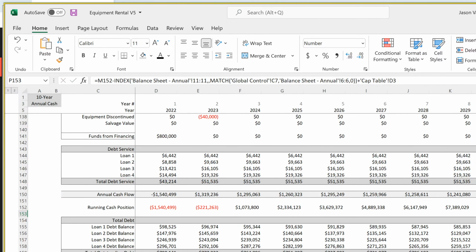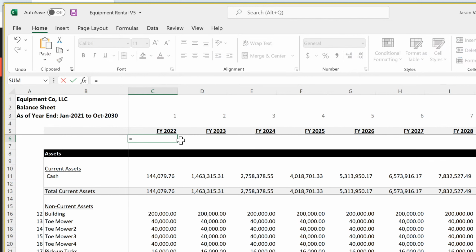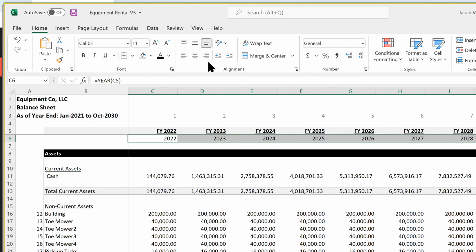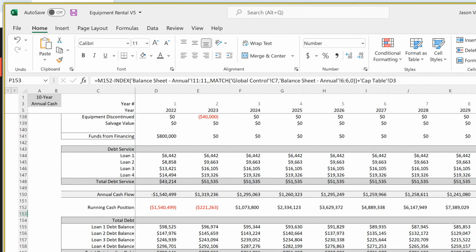And I need to do a formula in that. Because these are actually dates, we need just the YEAR formula. You can make that lighter text. And there we go.